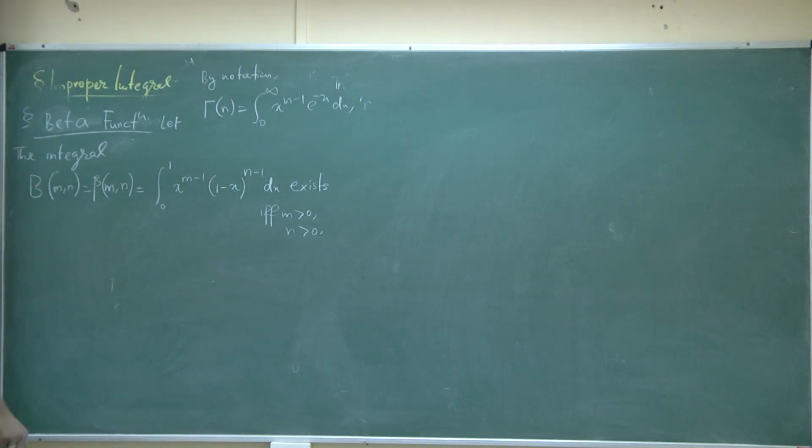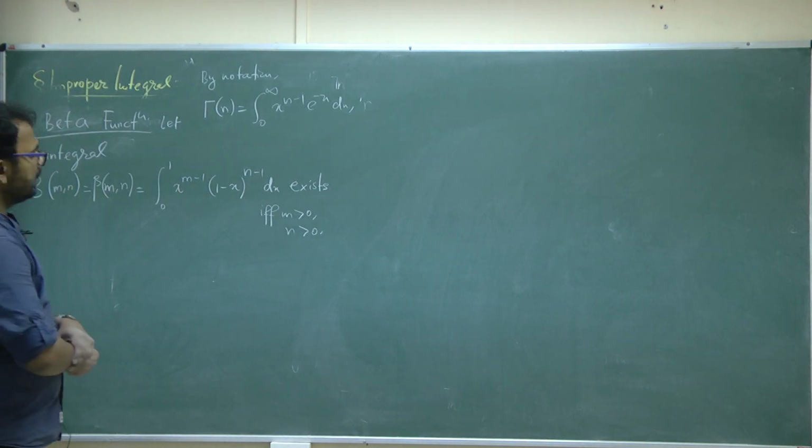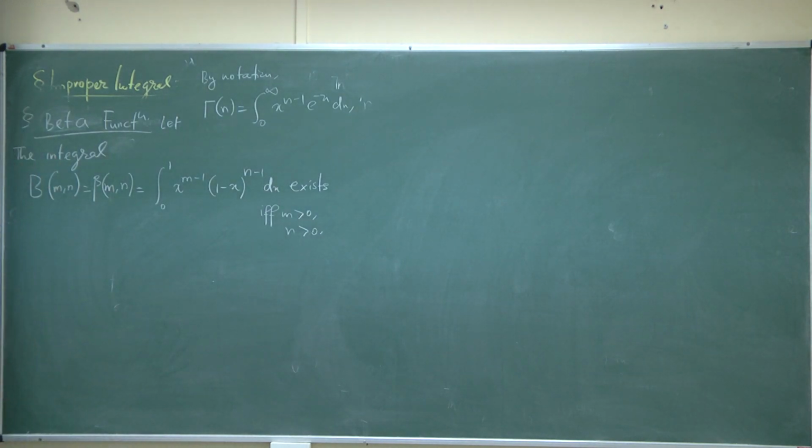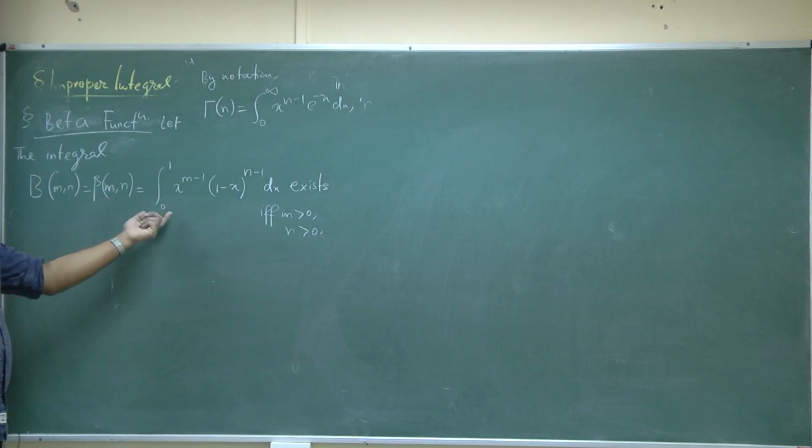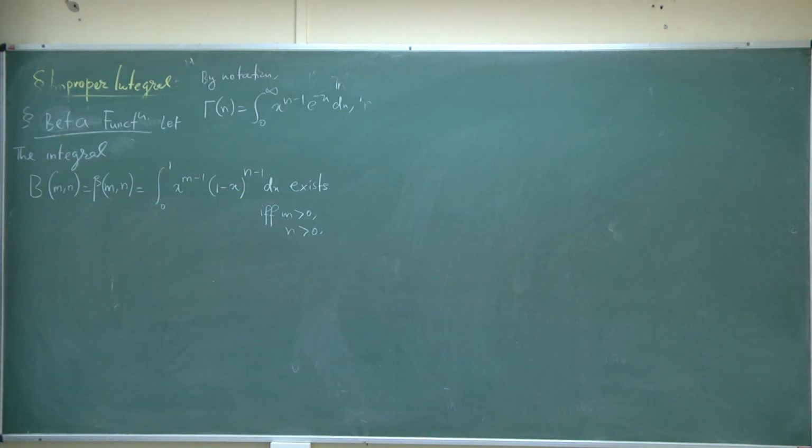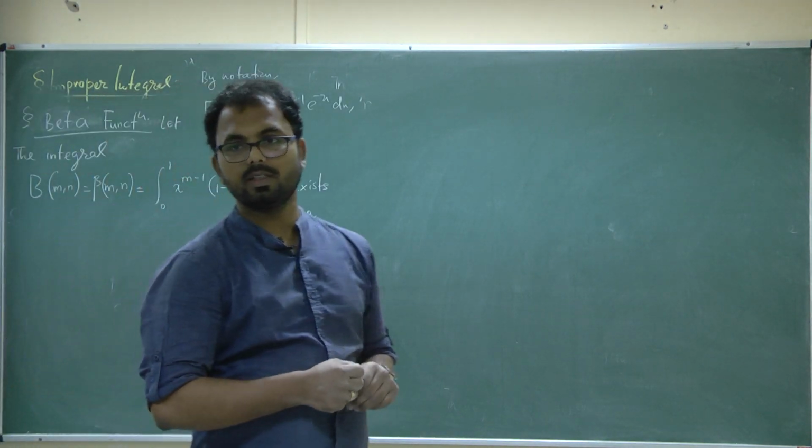So basically 0 and 1 will be the points of discontinuity in this case, and therefore for convergence we are saying that this integral will exist if and only if m and n both are positive. Now the proof follows exactly the same way we proved the gamma integral.